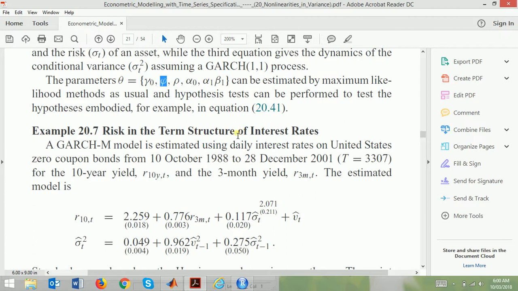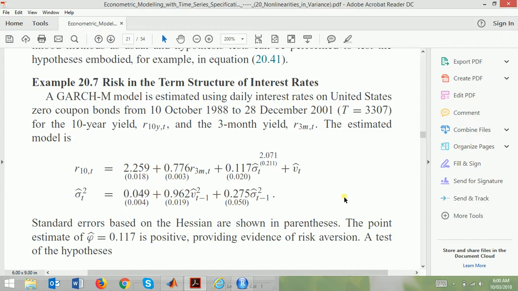Risk in the term structure of interest rates. I'm going to estimate risks. A GARCH model is estimated using daily interest rates on United States zero coupon bonds from 10 October to 28 December, so there are 3,307 observations for the 10-year yield and the 3-month yield.